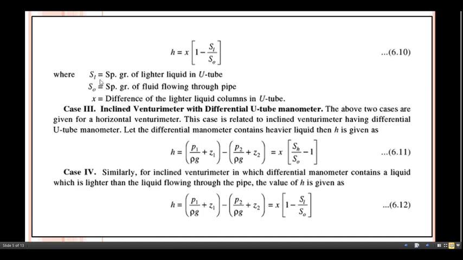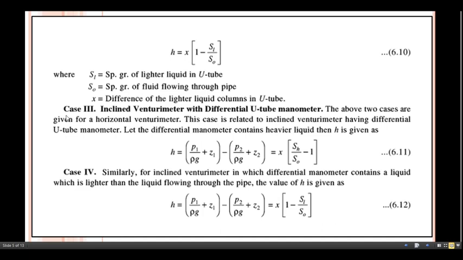Here L indicates the lighter liquid, the specific gravity of the lighter liquid in the U-tube, and SO is the specific gravity of the fluid flowing through the pipe. X indicates the difference of the lighter liquid columns in the U-tube.